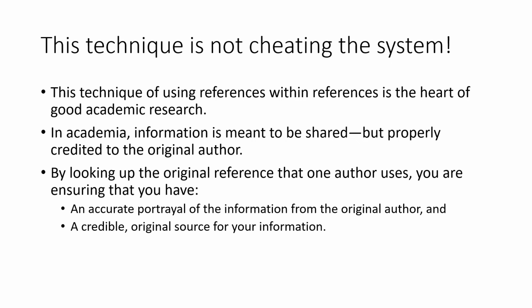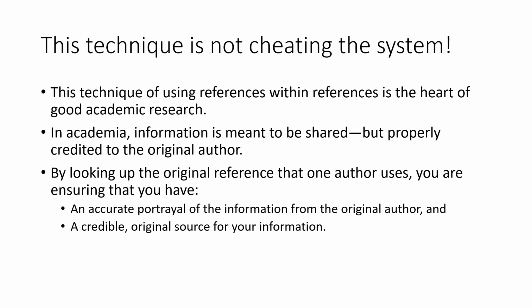Remember, a lot of people are just quoting a sentence out of a much larger article. You can double check to make sure that sentence or that paragraph is not being taken out of context. And of course, it provides you with a credible original source for your information. So as you write your own essay, you're not citing Wikipedia, you're actually citing Oxford Bibliographies.